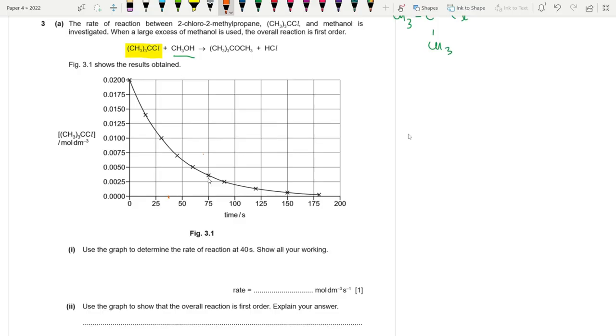No, not always. This is 37.5 basically. So 40 should be somewhere over here, approx. So let's try to draw the tangent. Yeah, this is going to be hard to do for me.